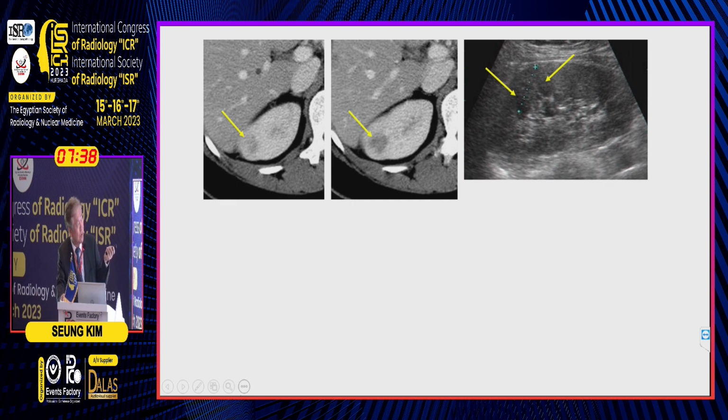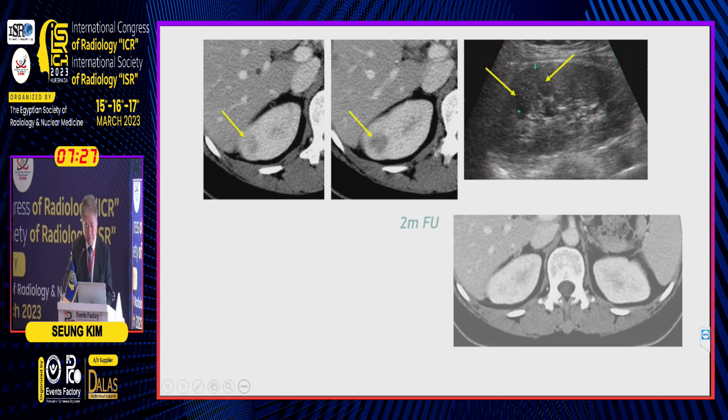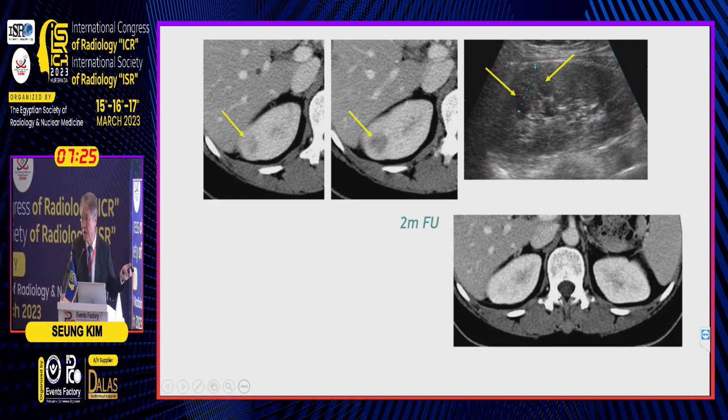How about this one? It's a similar, ill-defined, low attenuated area here. Ultrasound does not show the mass clearly, so it's not easy again. In this patient, follow-up was done, and after 2 months, the lesion disappeared.